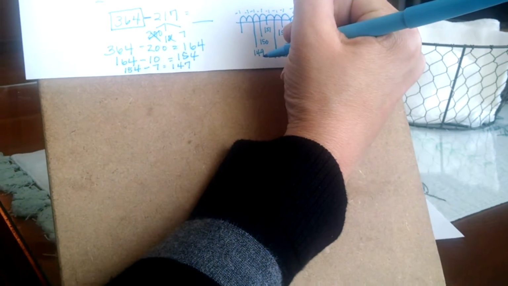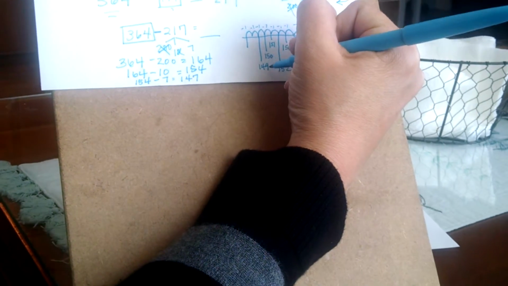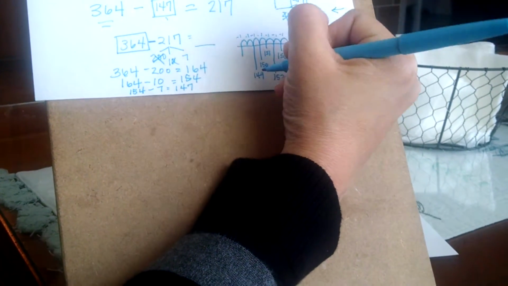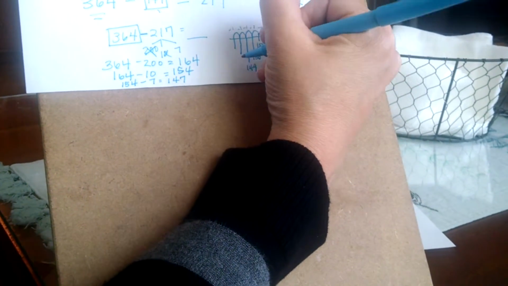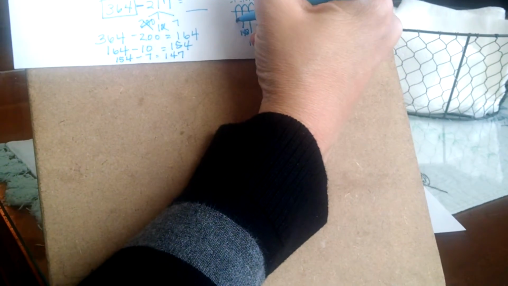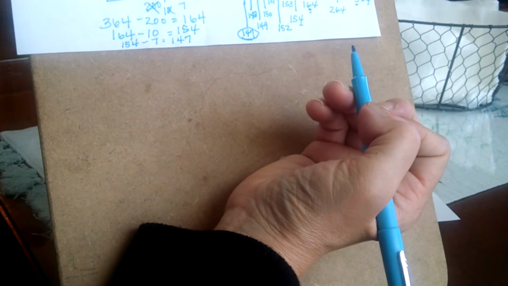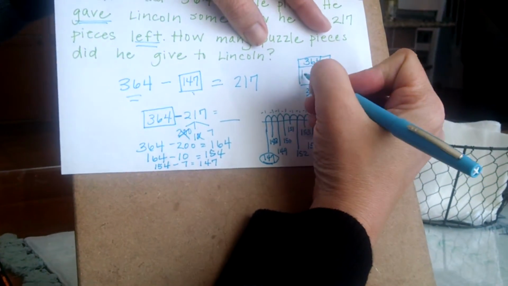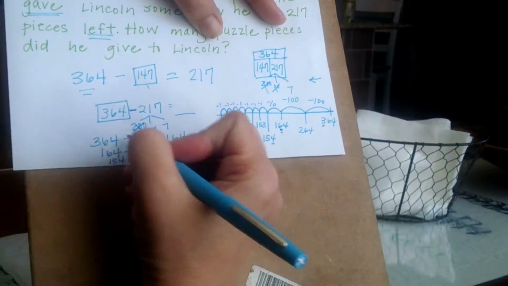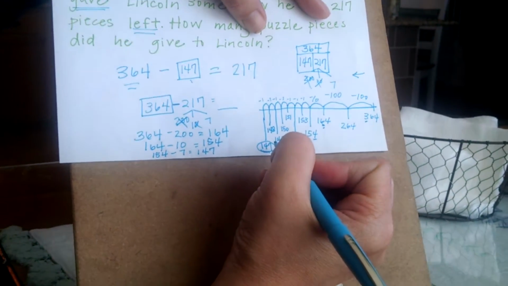And again, that's where they all start counting up again. They'll go from 150 and then they'll go 151 and they'll start counting back up. So 148, 147. So 147 is the answer. That would be my missing part, 147.